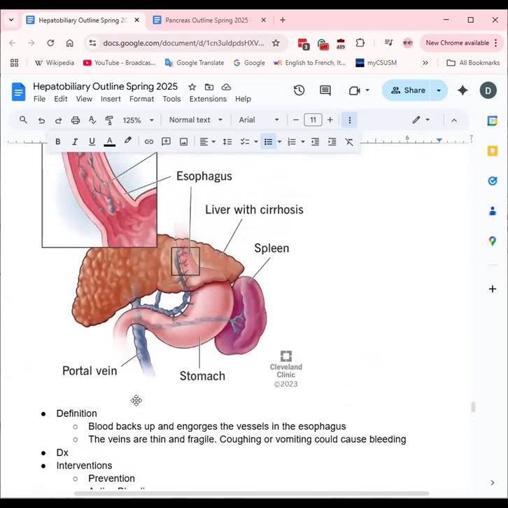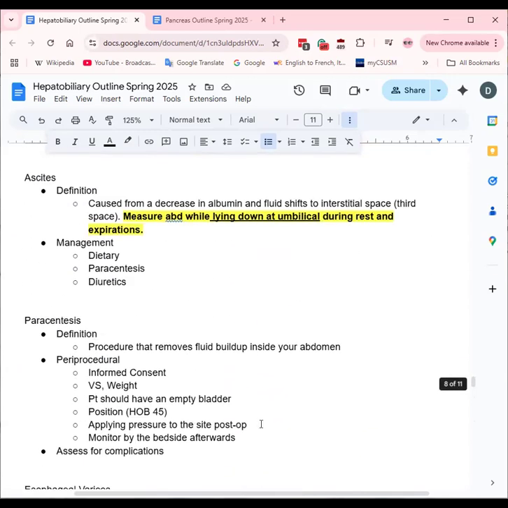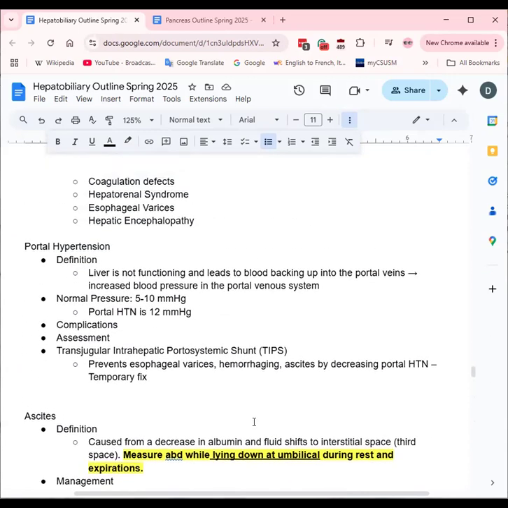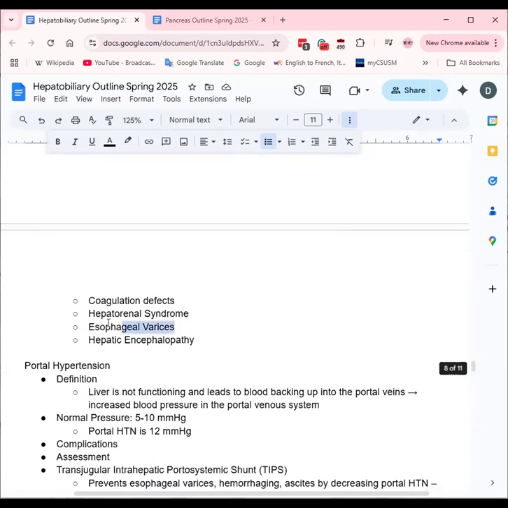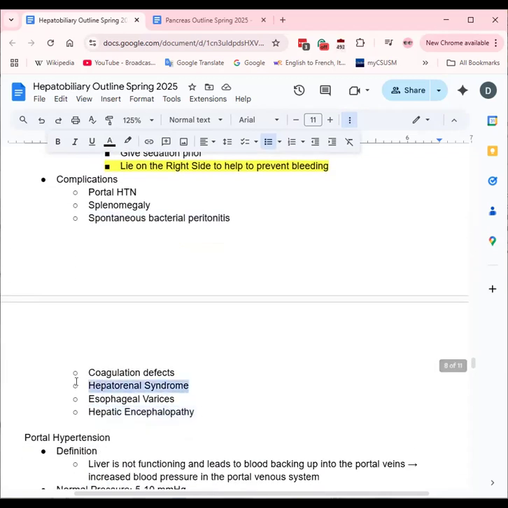So we'll talk more about that as we get down. Esophageal varices, which I hinted at in the beginning, and the hepatic encephalopathy that we talked about. Oh, and also the hepatorenal that we talked about. So out of here, the only things we haven't really gone into detail are the bacterial peritonitis, esophageal varices, and the portal hypertension. Any questions so far?